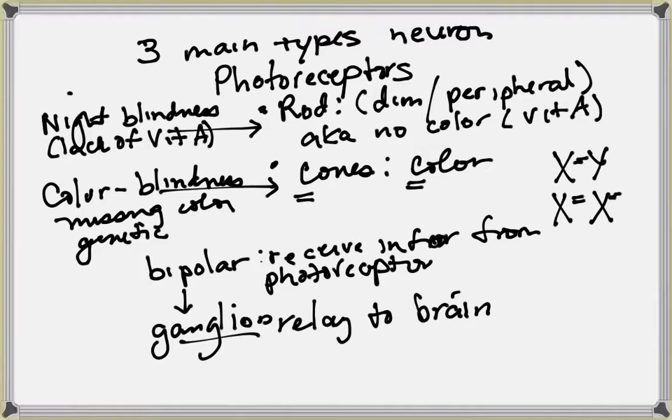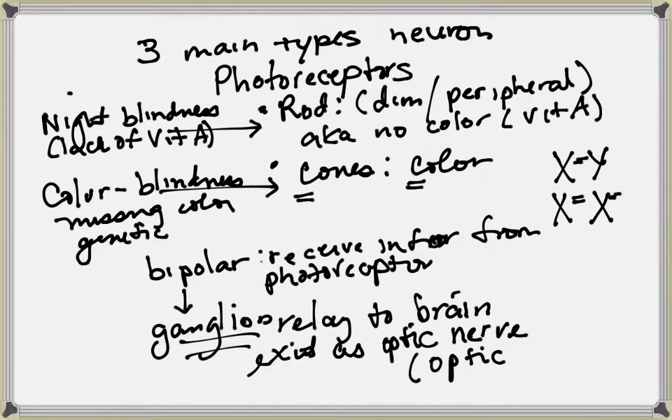These exit the eye as the optic nerve. And there's what's known as an optic disc, and this is where the optic nerve forms. There are no photoreceptors there.